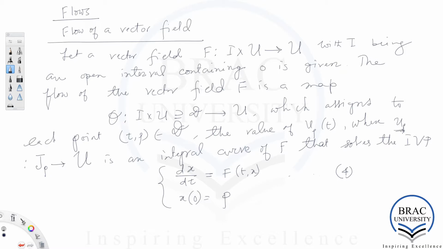I mean that the integral curve u_p is a map from J_p to U, and it is assumed that for this integral curve u_p, both 0 and t belong to this interval of existence J_p. So, according to this definition, theta evaluated at (t, p) has to be u_p(t) for all (t, p) in the domain of the flow.